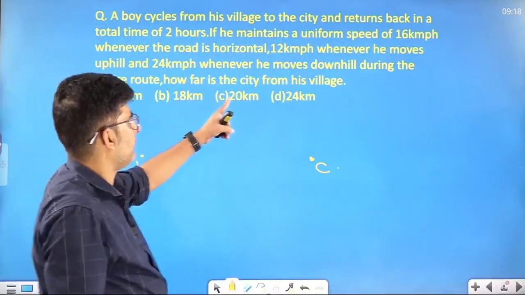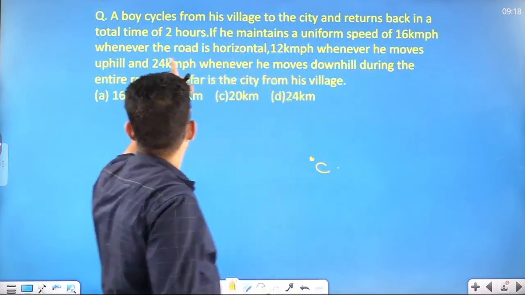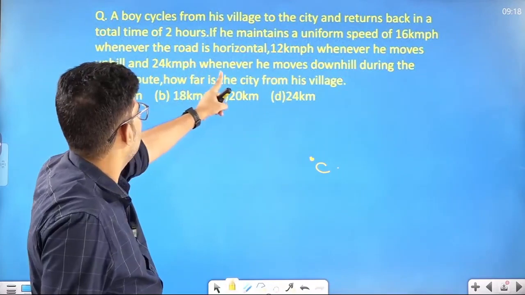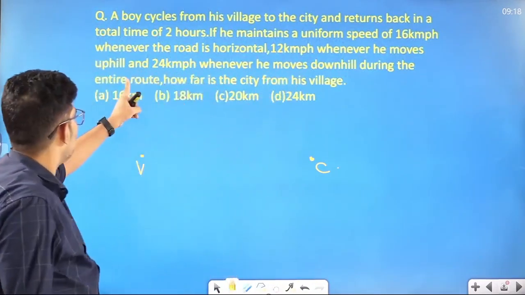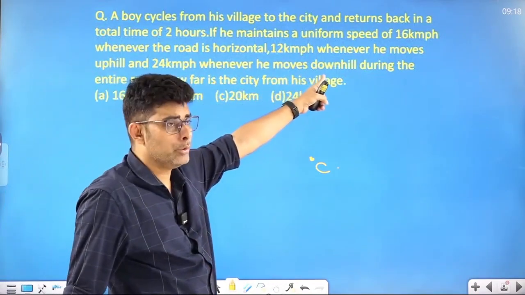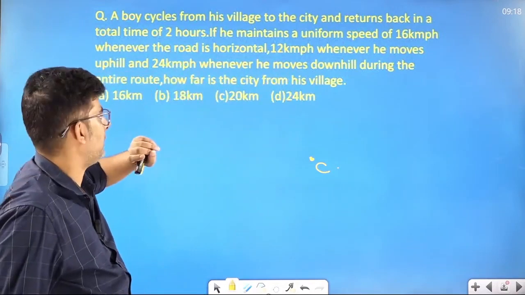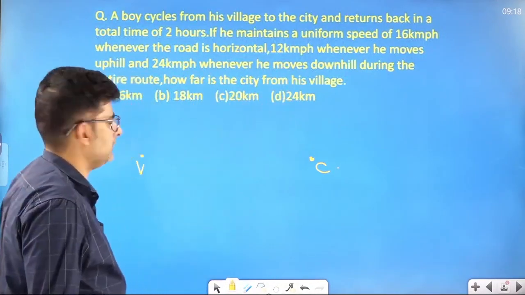Whenever the roads are flat, he can travel at 16 km per hour. Whenever the road becomes uphill, he can travel at 12 km per hour, and whenever he is moving downhill, his speed will become 24 km per hour. So they are asking how far is the city from his village.